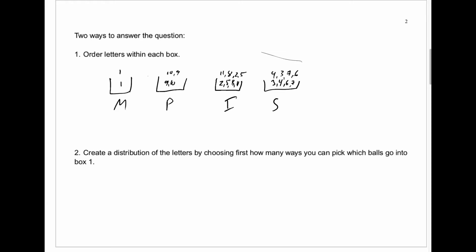I'm calling them strings because if I just write down the order 1, 9, 10, 2, 5, 8, 11, 3, 4, 6, 7, that's an ordered string from 1 to 11. Here I have 1, 10, 9, 11, 8, 2, 5, 4, 3, 7, 6. That's an ordered string from 1 to 11.